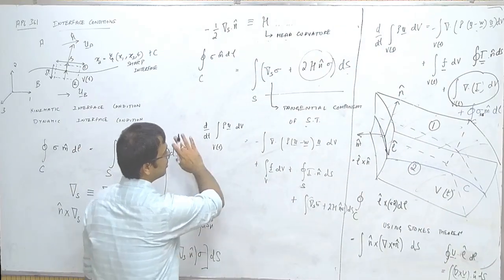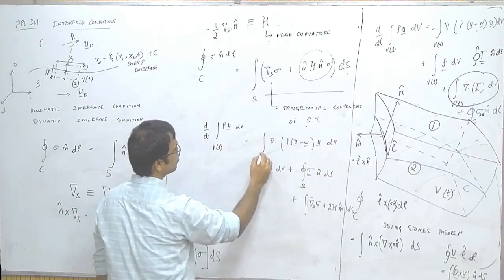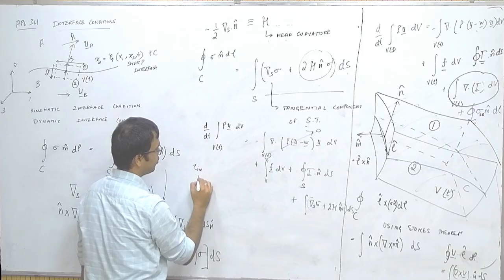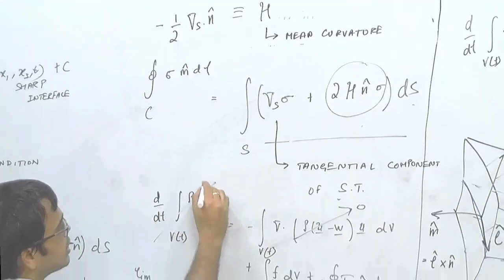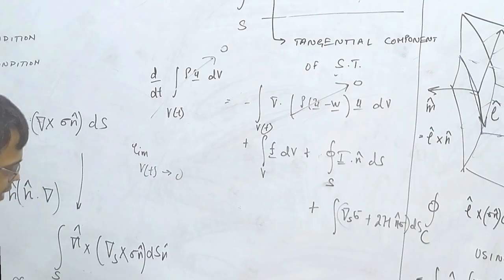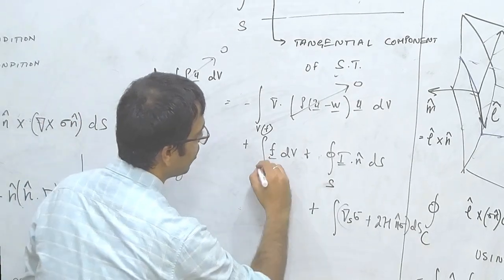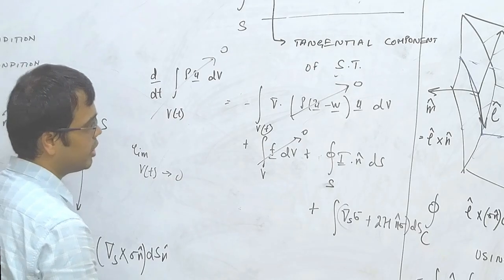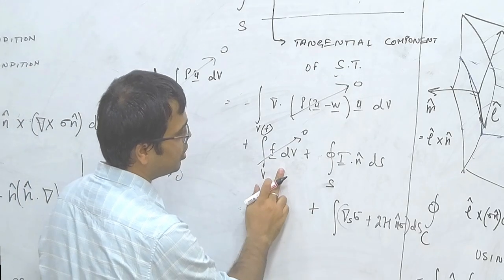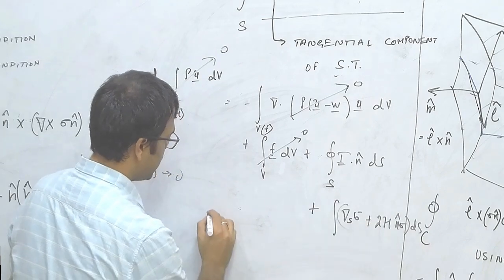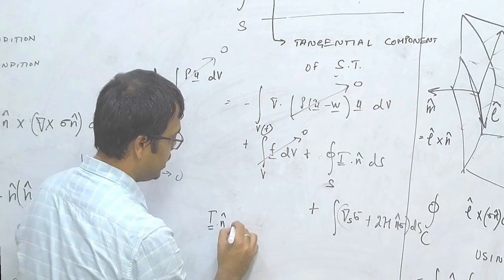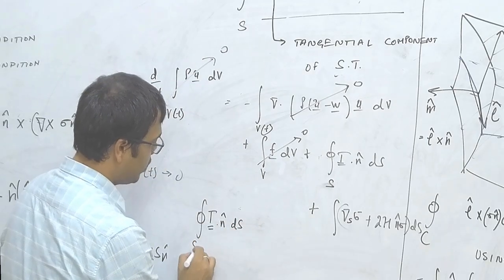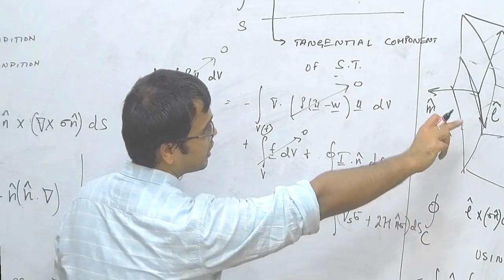Now we know the control volume is moving with the fluid, so this term is 0. In the limit of this Vt going to 0, this term is 0. What we will deduce is that this term will also be 0, because this is a finite quantity integrated over an arbitrarily small volume. So this is also 0, and then we will be left with that T dot n ds over the surface of this arbitrarily small control volume.